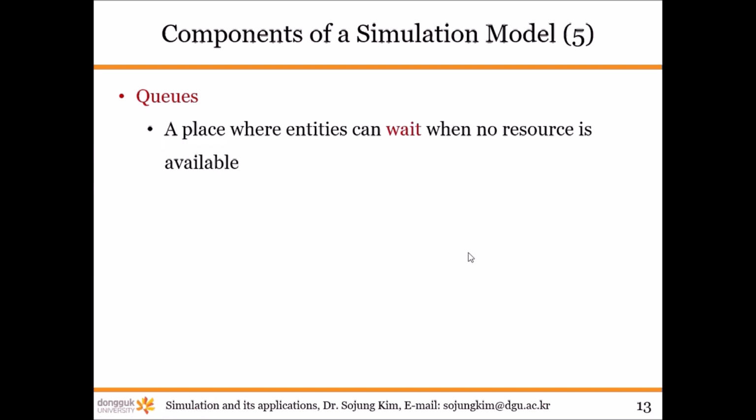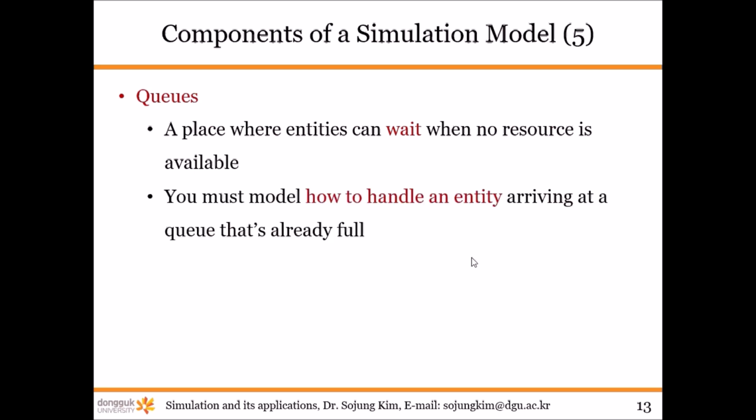And next one, queue. A queue is just a place where entities can wait when no resource is available, right? In other words, a waiting line, waiting space. So you must model how to handle an entity arriving at a queue that's already full. You have to revisit or delete it.